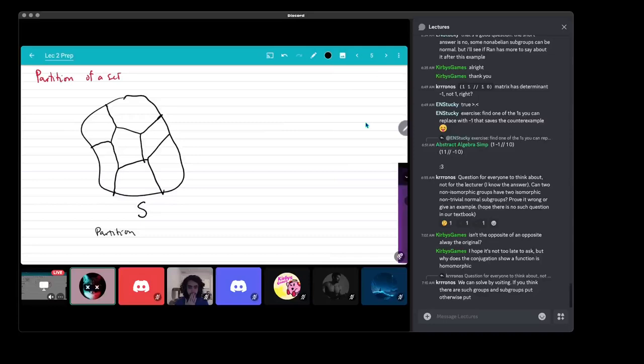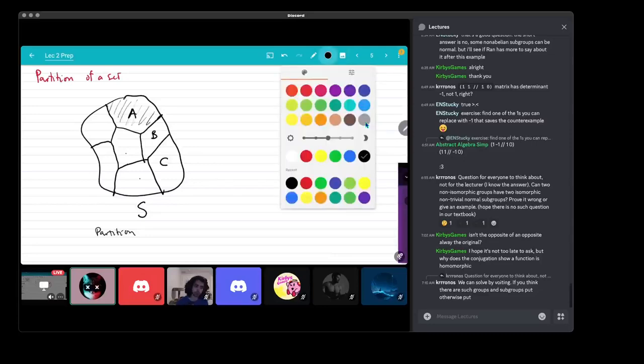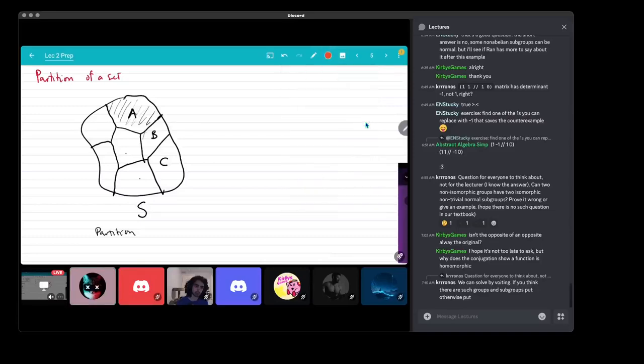So if I take, for example, A and B, then they're not overlapping into each other. It means that their intersection is empty. But I also require that the union of all the subsets equal to the set itself.